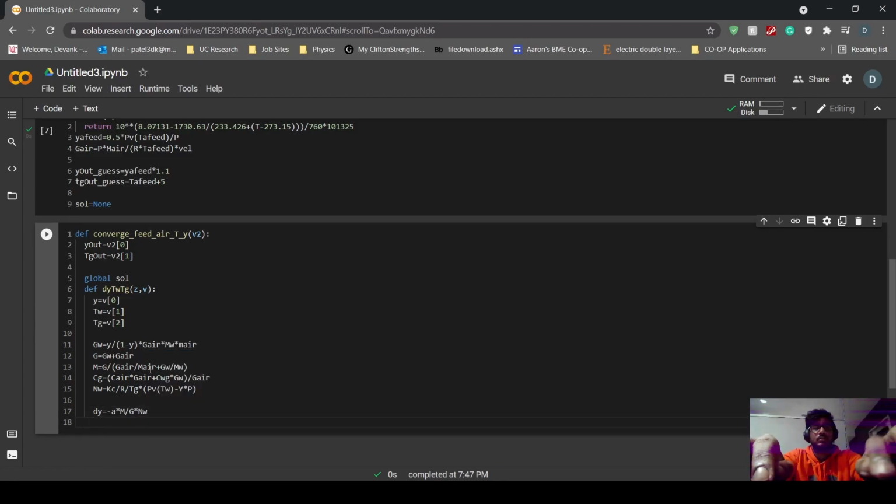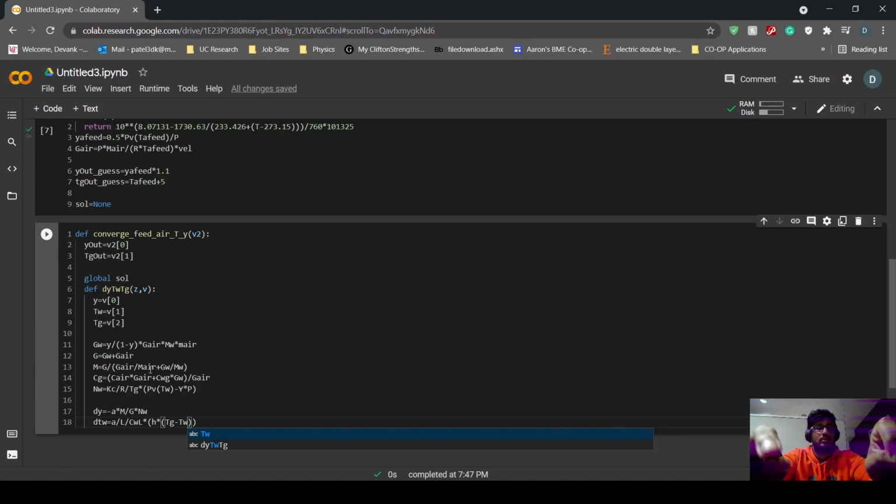And then our dTW, so now we're considering the temperature of the water. dTW is equal to the specific area of packing divided by the liquid flow rate per area, divided by the heat capacity of the water in the liquid phase, multiplied by the heat transfer coefficient H, multiplied by the difference in temperature of the air and the water, Tg minus Tw, and then we close that and subtract that from our enthalpy of the vapor, HV times the molar flux of water, NW.